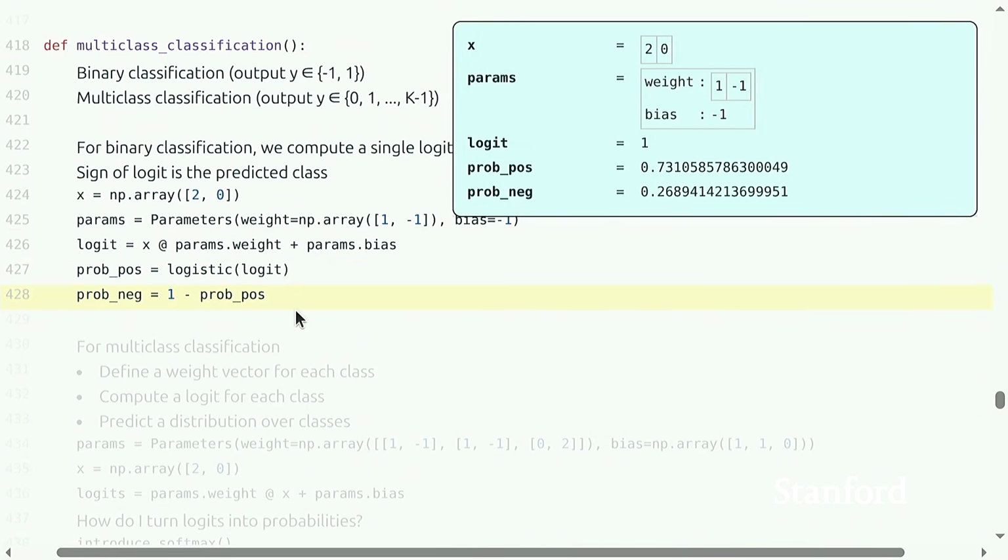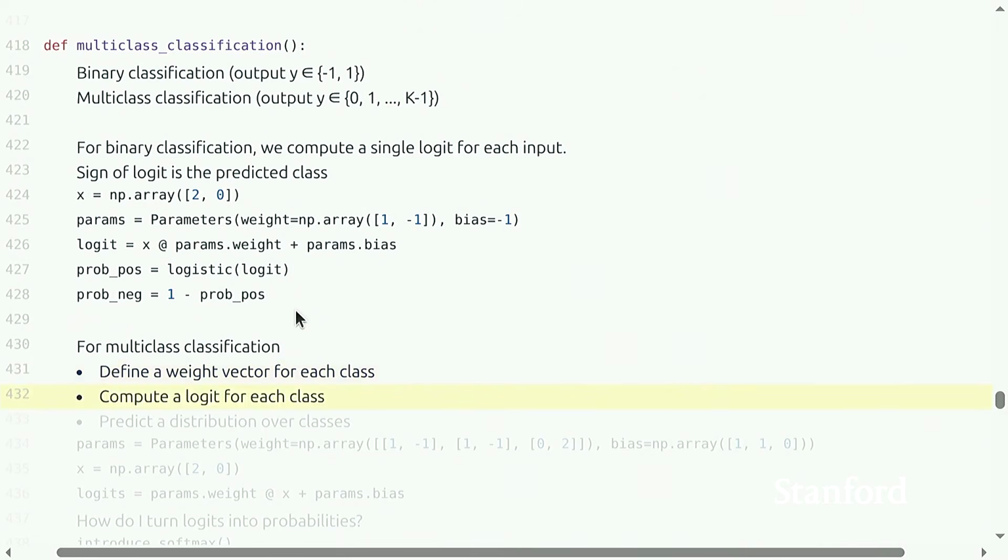Okay? So how do I extend this to multiclass? Well, what I'm going to do is define a weight vector for each class. You can think about a weight vector as representing some sort of information about what each class is about. That will allow us to compute a logit for each class.